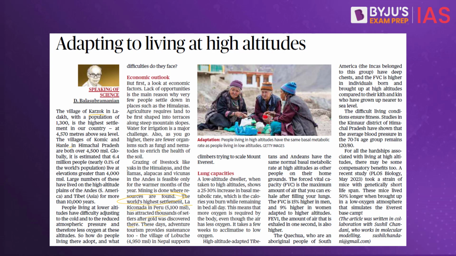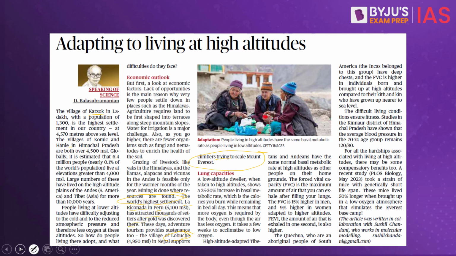These days, adventure tourism also provides sustenance to the village of Lobuche in Nepal, which supports climbers trying to scale Mount Everest. So Lobuche happens to be another region present in the country of Nepal. All these places could possibly be asked in your preliminary examination.